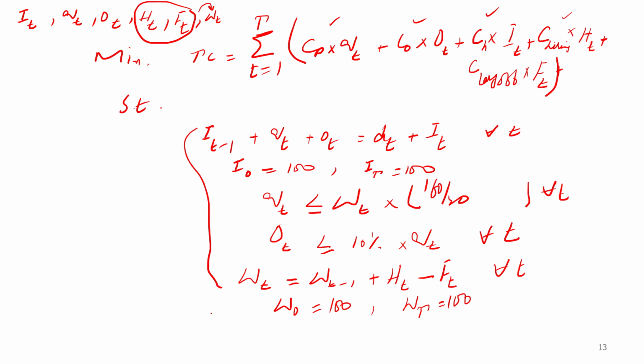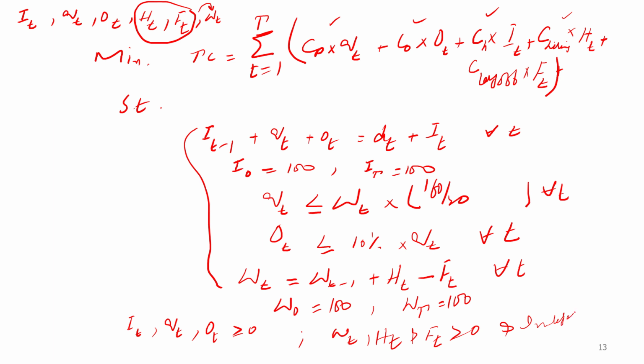Lastly, IT, the inventory, QT, the regular time production quantity, and OT must be greater than or equal to 0, which I am considering as continuous variables. Whereas WT, the number of workers, the number of persons we are hiring, and the number of persons we are laying off or firing in time period T must be greater than or equal to 0 and integer.